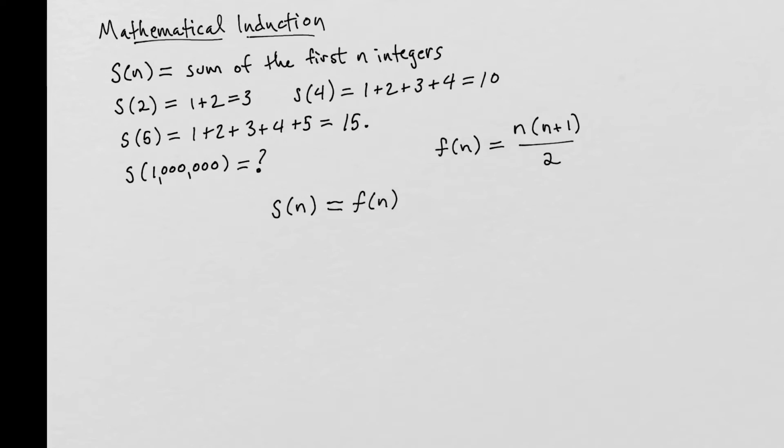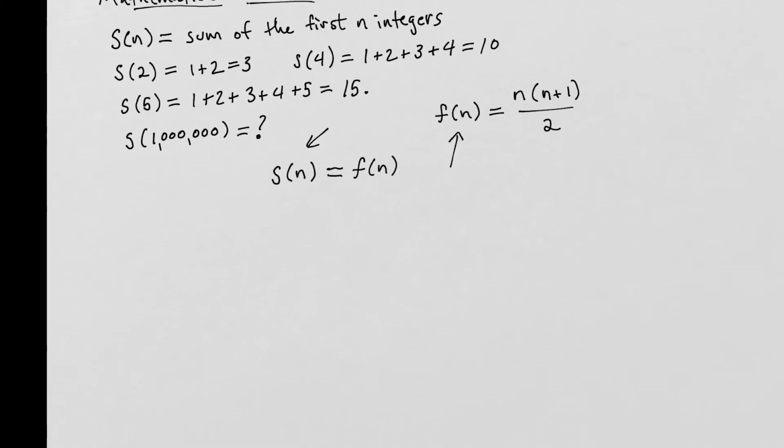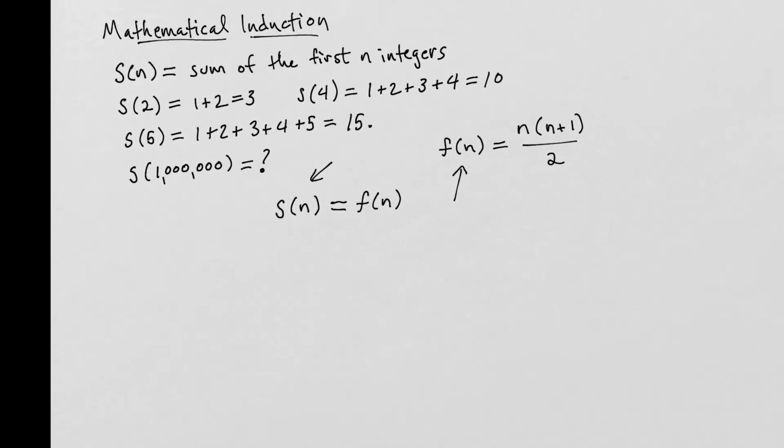So you can use this function as a fast way of computing that one. But this requires a proof, right? Because this function does not look anything like 1 plus 2 plus 3 plus 4 plus 5. And so you need some reason to believe that calculating f of n is actually going to calculate the sum of the first n numbers.